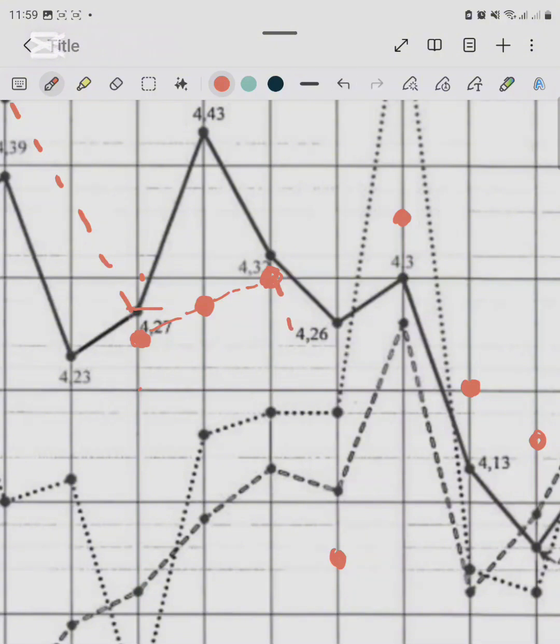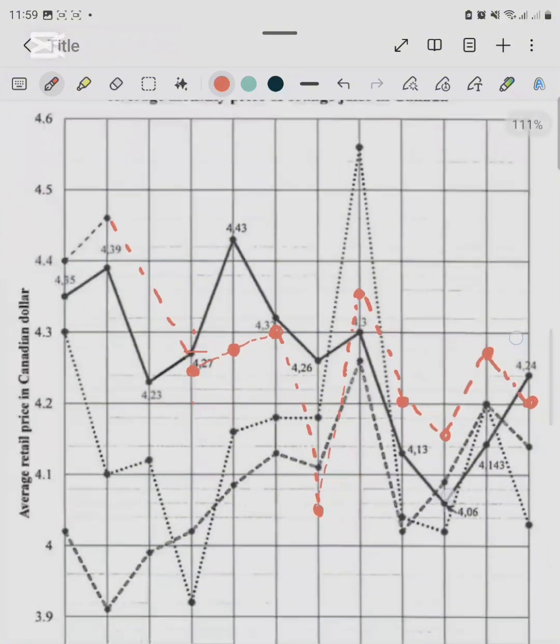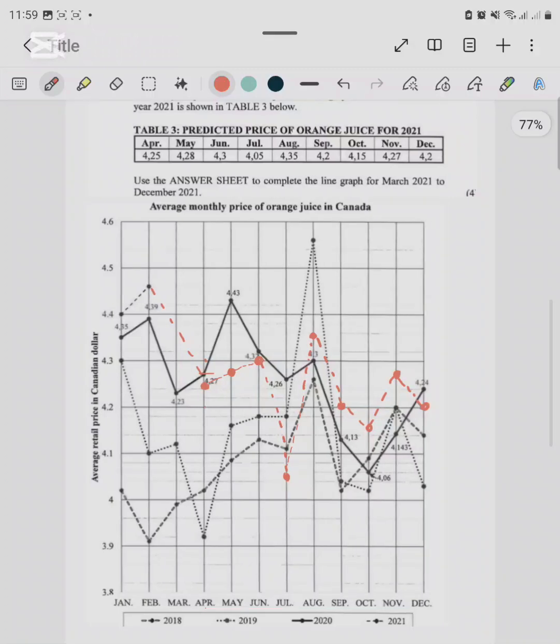First we need to go down all the way down to there, and then all the way up like so. Okay, obviously this is easier when you're doing it on a piece of paper with a pen and a ruler because you can just join up your dots with a ruler, but that's the idea behind what your line should be doing. Okay, and then you have your final line formed there.